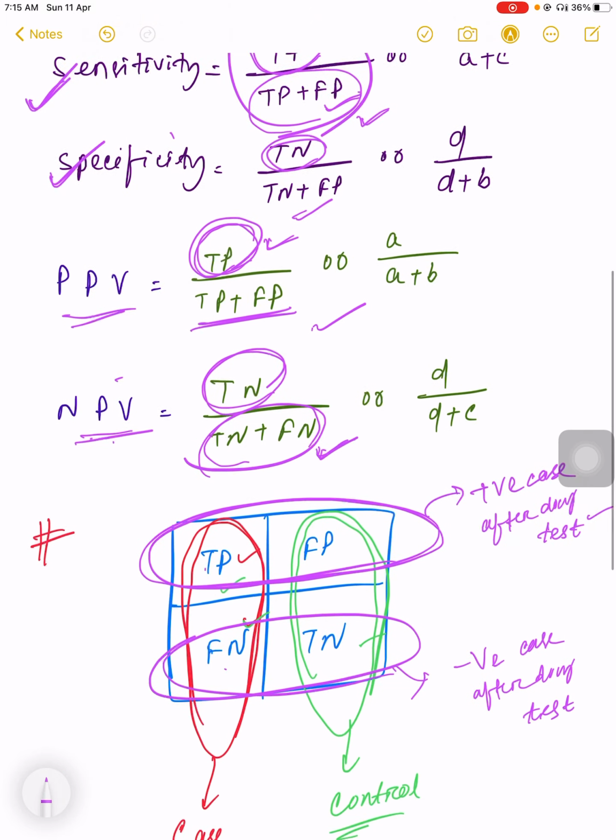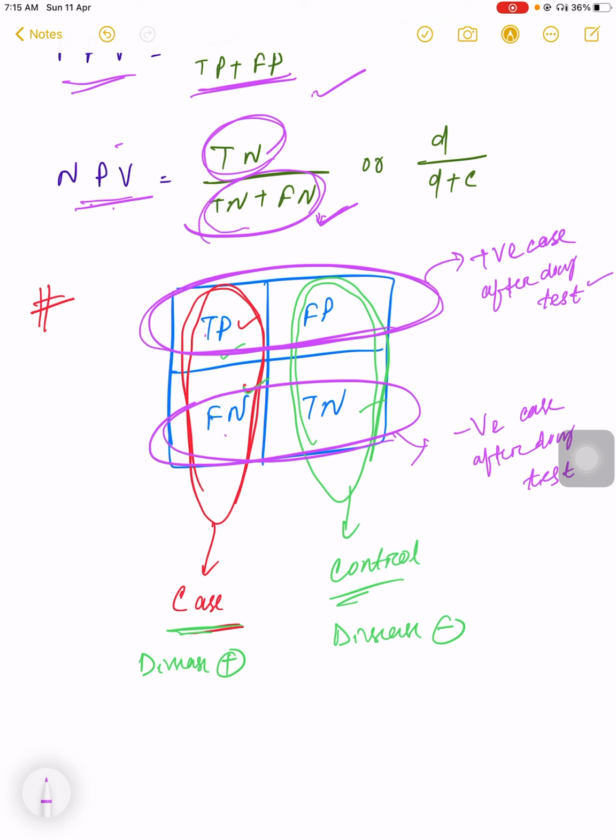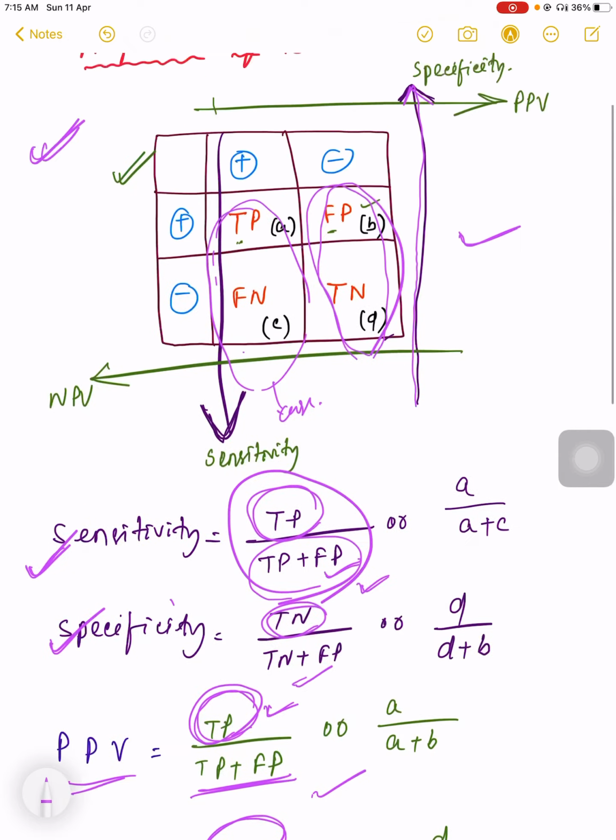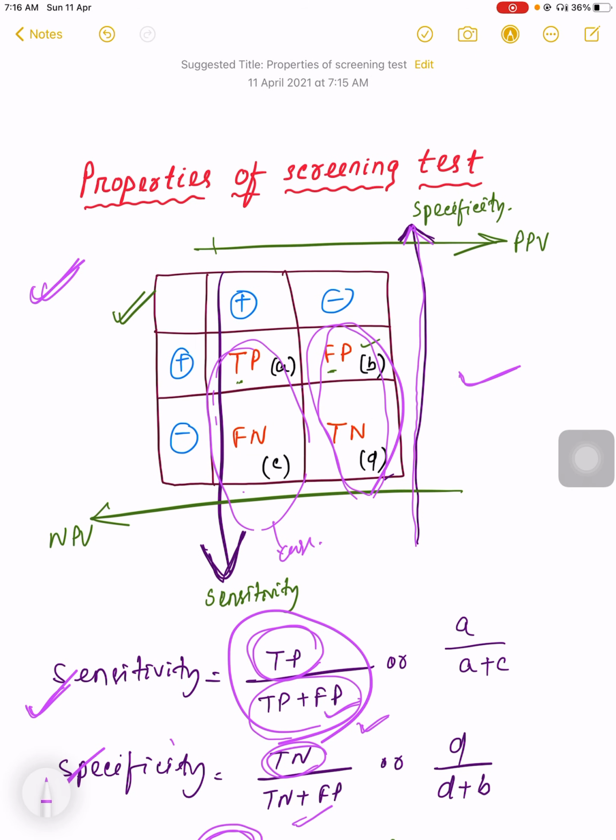You should remember: this is the case, this is the control, this is a positive case after doing the test, and this is a negative case after doing the test. You should know this concept also, right? By this concept I will make some calculations in another video, after completing this. Thank you.